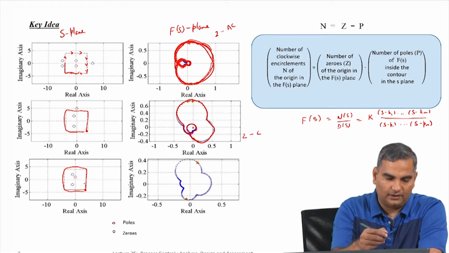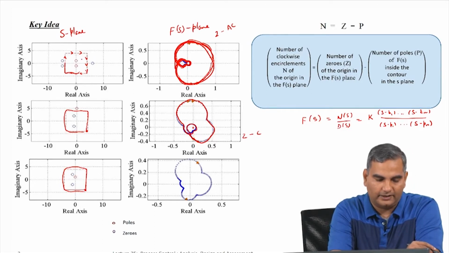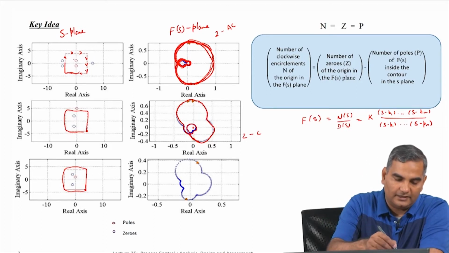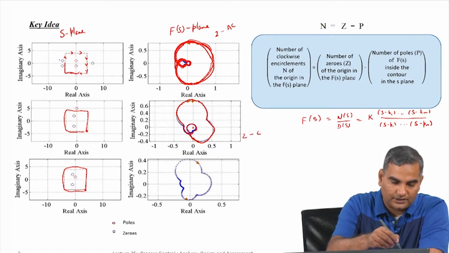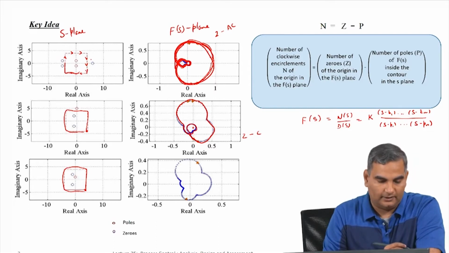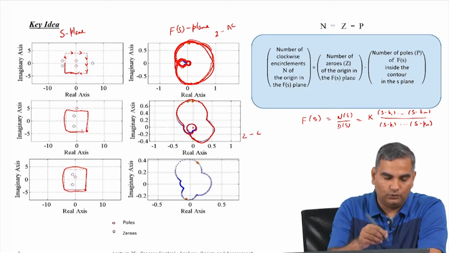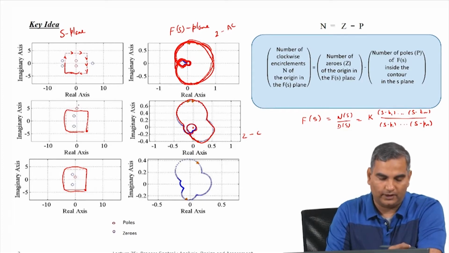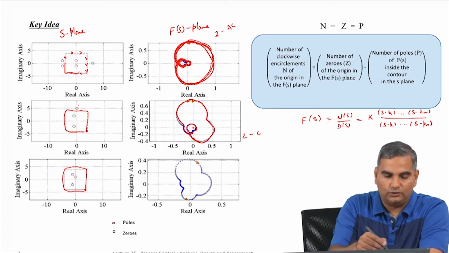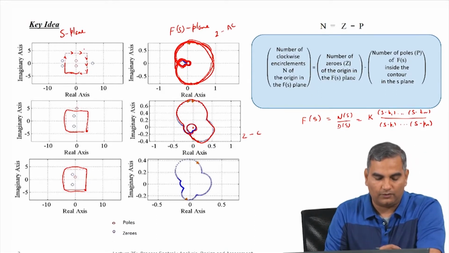Now, the difference is that in this plot I had only poles inside the encirclement. When I say inside, it is inside the closed contour. There are zeros for the transfer function, but they are outside the contour. If you look at this picture here, I have 2 zeros inside the closed contour and the pole is outside. That is how I have chosen the contour. You can choose to encircle everything also, it does not matter, but I am just saying what we have done.